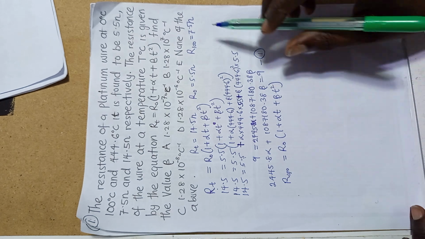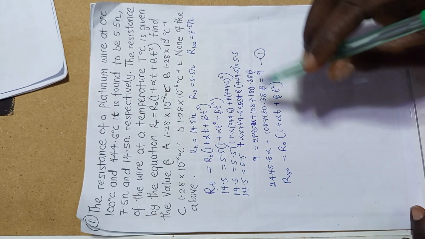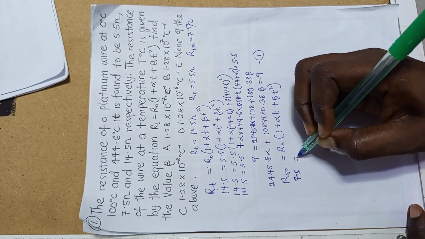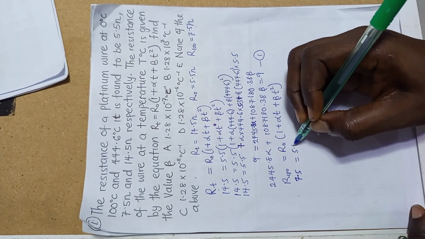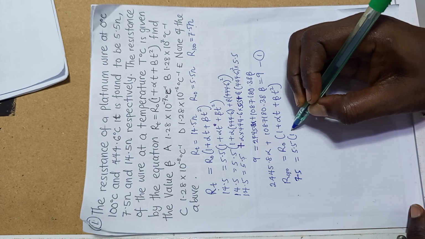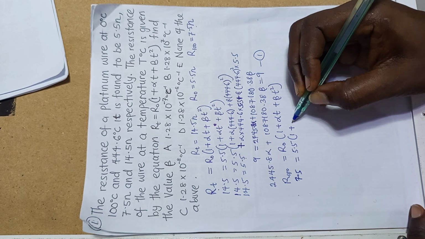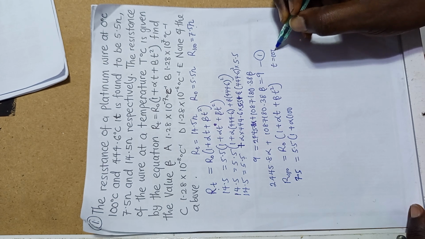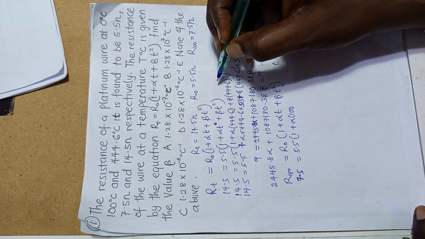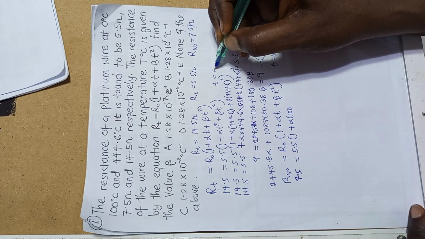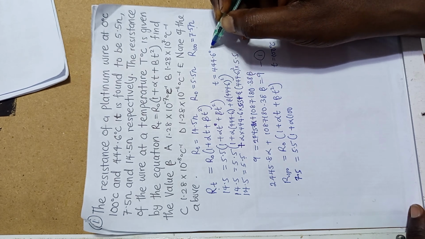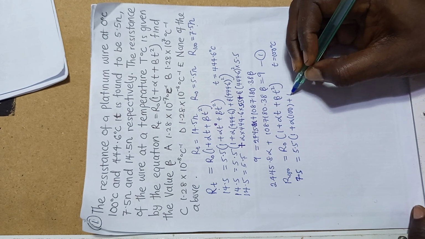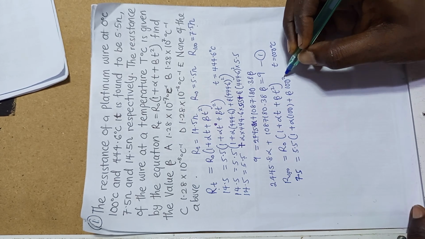That resistance at 100 degrees is 7.5, which equals 5.5 (1 + alpha times 100 + beta times 100 square). Don't forget your t is 100 degrees Celsius here. Don't convert; the 444.6 degrees Celsius was for the previous one. Just substitute anywhere you see t, your temperature, 100 square.